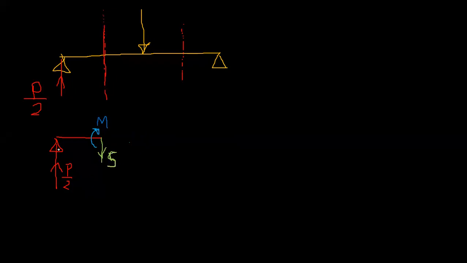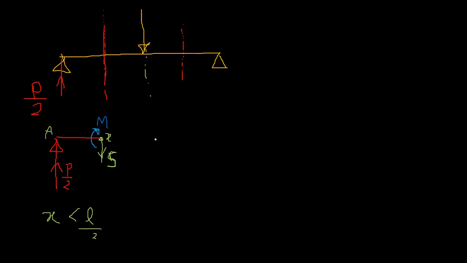So I can write the equations for this part. If the whole system is in equilibrium, this part should be in equilibrium as well. So you can write moment equations about this position. Let's call this A. Let's call this X. So here X is less than L over 2.